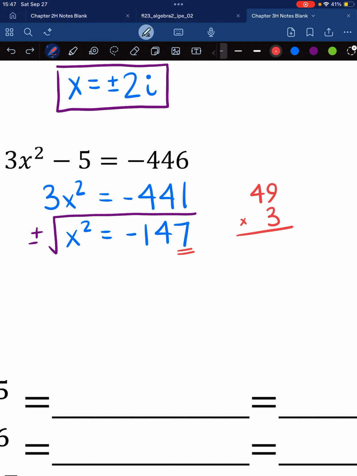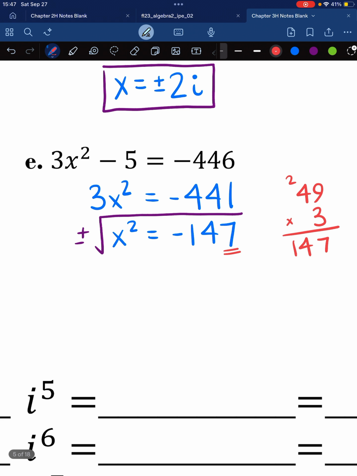So I feel like this is a pretty good guess for the perfect square factor of 147. So look at that. That was lucky. Well, not just lucky. I was using some number sense there to make my life a little easier. So I'm going to go ahead and split that up into 49 and 3.